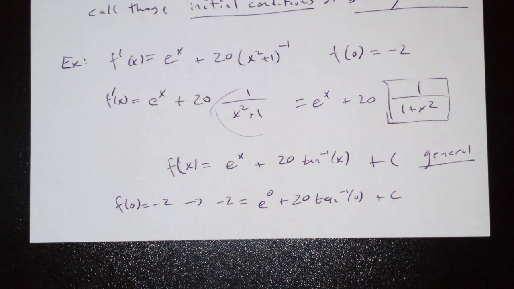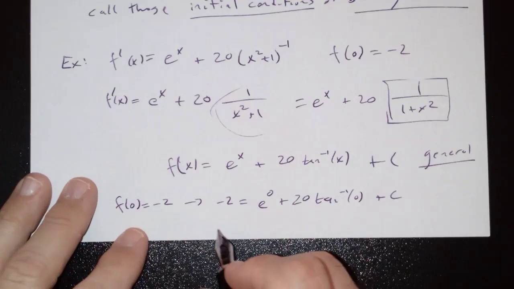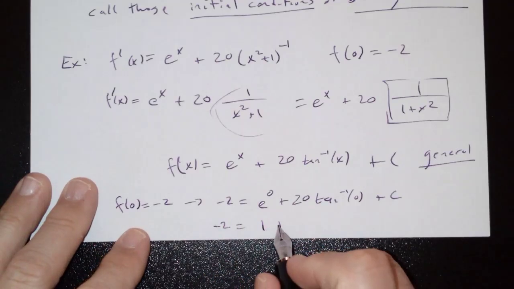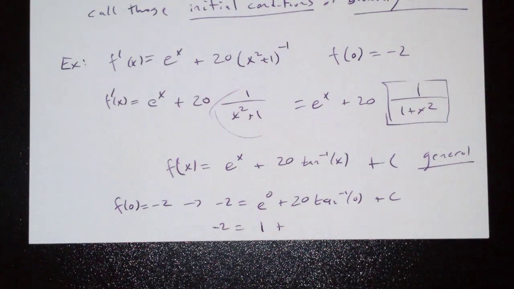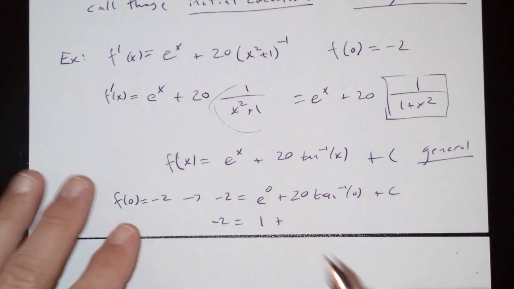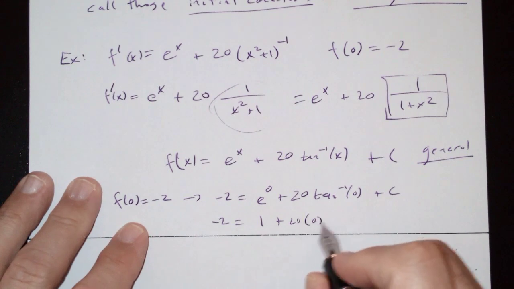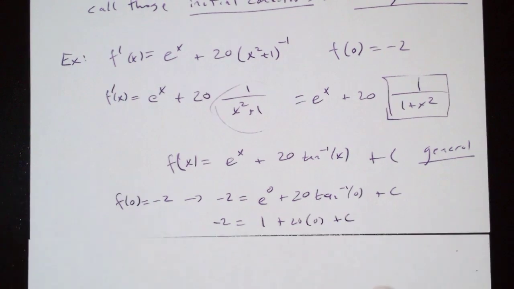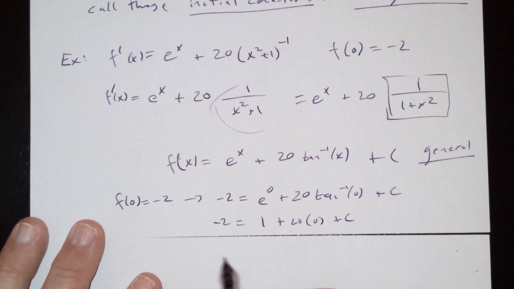What's tangent inverse of 0? You have a calculator with a tangent inverse button. Yay! 20 times 0. So this right-hand side is c plus 1. And that means that c is equal to -3.